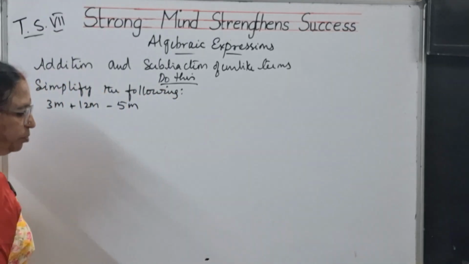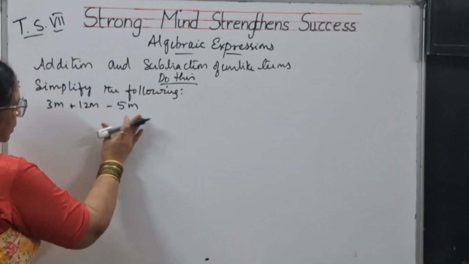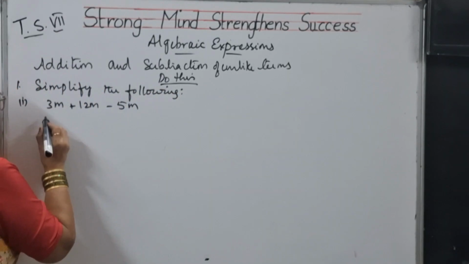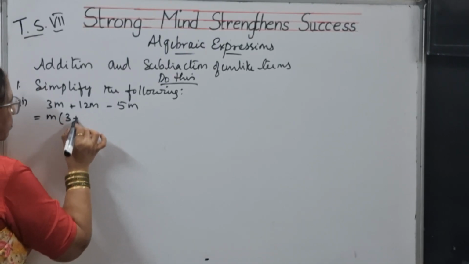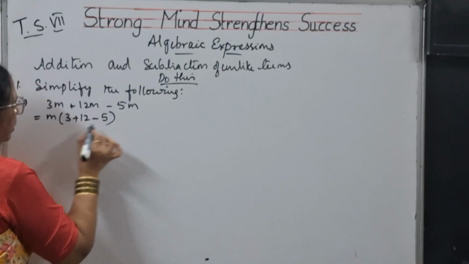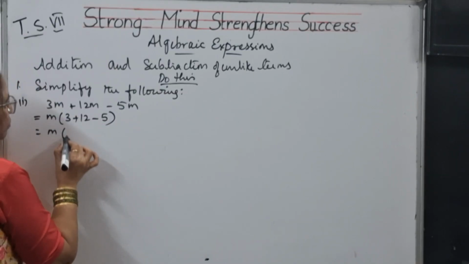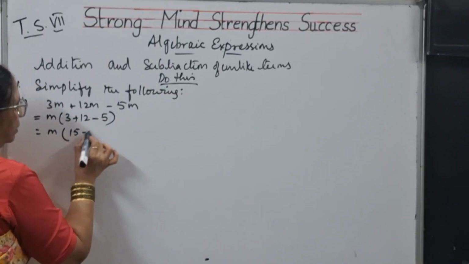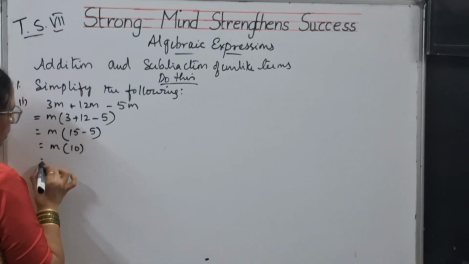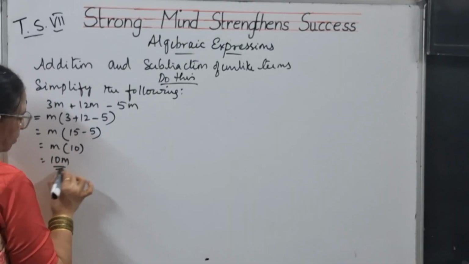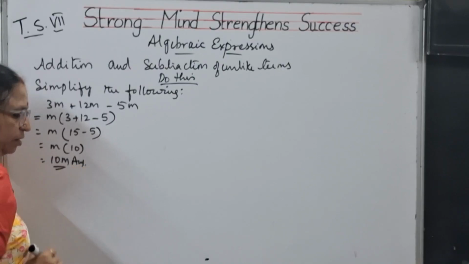Same variables are there, so you can say that these are all like terms. So what are you going to do? Take m as common: 3 plus 12 minus 5. That is m into 15 minus 5. That is m into 10. 10m is the answer. This you can write.